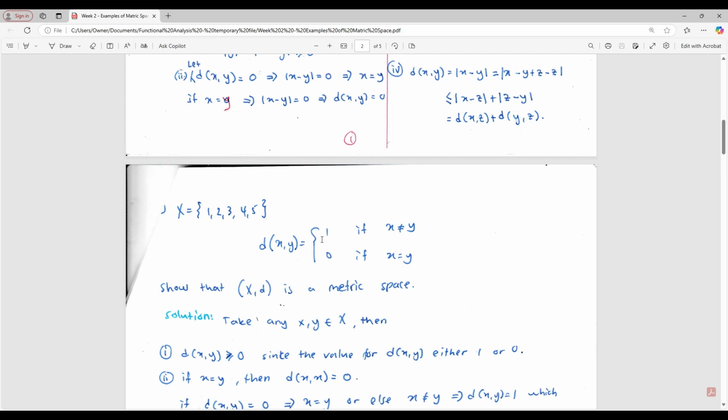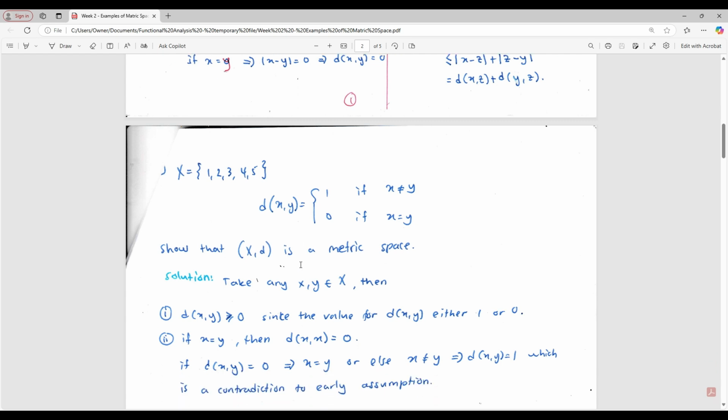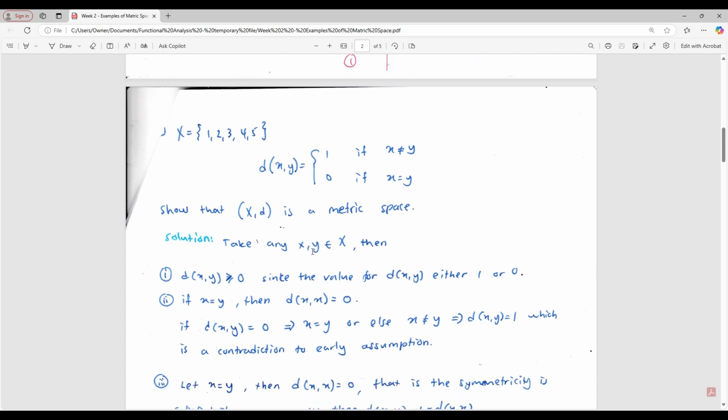So it is equal to 1 if x does not equal y, and it is equal to 0 if x equals y. So now the task is to show that this space X with d is a metric space. So the solution is as follows.